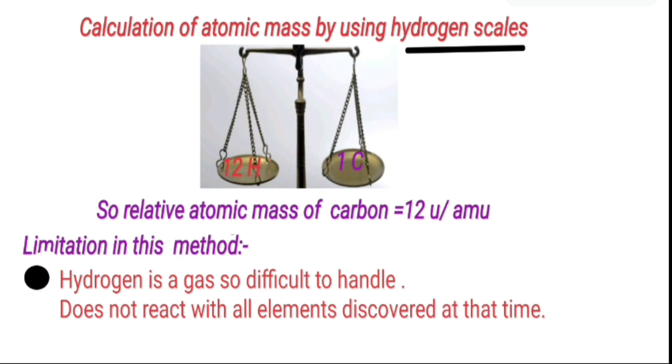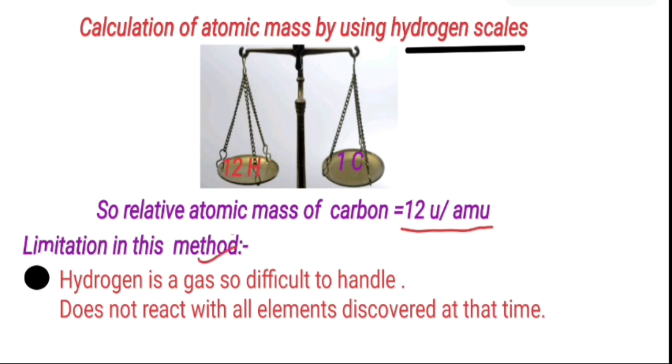Hence, the atomic mass of the carbon atom, or we can say its relative atomic mass, children, because we are comparing the mass of the carbon atom with the mass of the hydrogen atom, is equal to 12 atomic mass units, because it is 12 times heavier than the hydrogen atom. But there are limitations in using this method. What is the limitation?